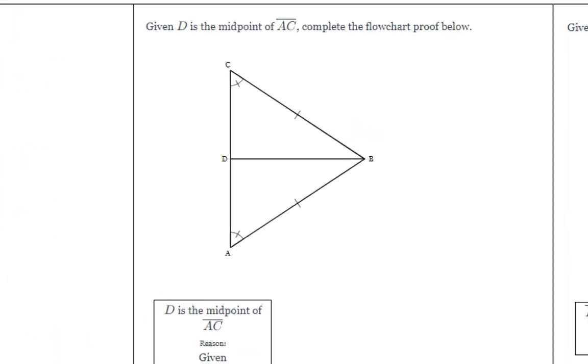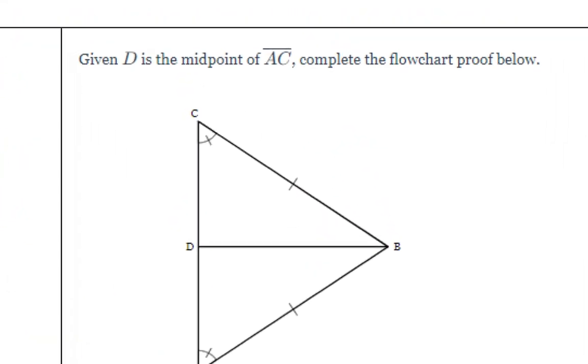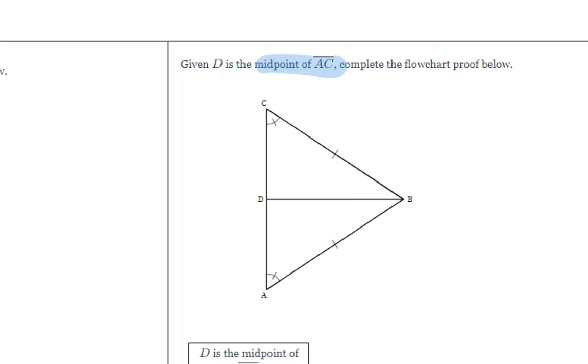It says, given that D is the midpoint of AC. Okay, well, if it's the midpoint of AC, what's the hidden information? Well, the hidden information is that AD is congruent with CD. Why is it hidden?